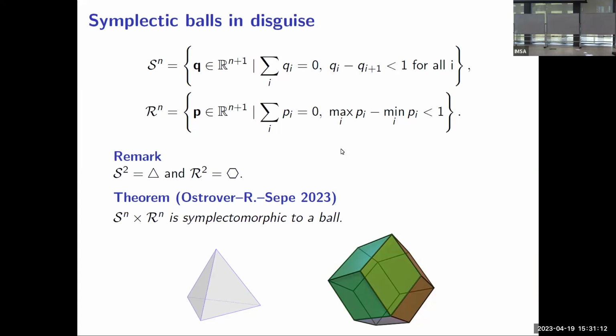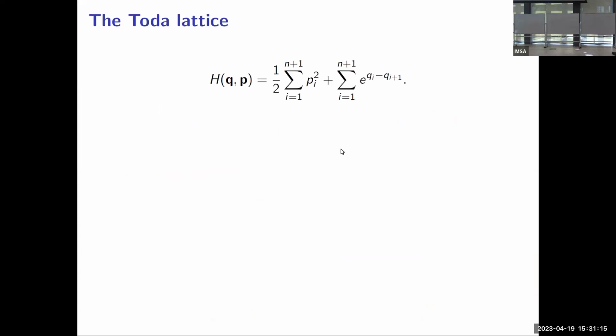Okay, any questions? So now let's talk about the Toda lattice, which is going to come up in this proof. The Toda lattice is actually a very famous Hamiltonian system. I didn't really know it very well, but I know it's very important in the history of integrable systems. It's like the first interesting example of a nonlinear integrable system. So it's this Hamiltonian that I wrote up there.